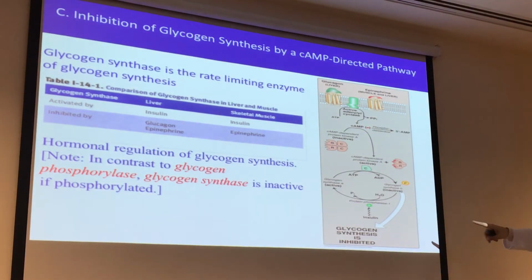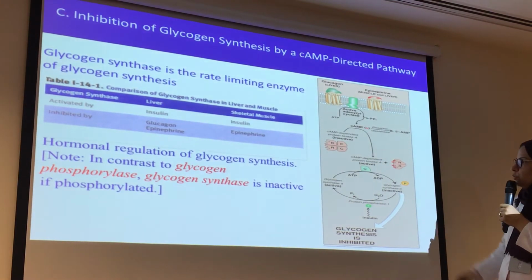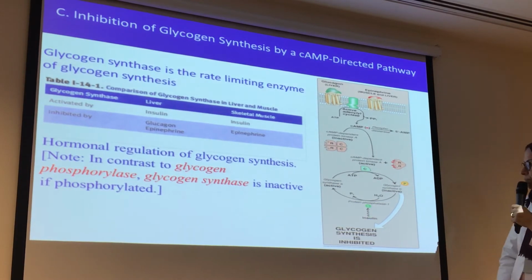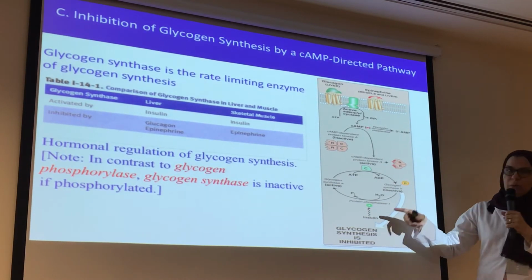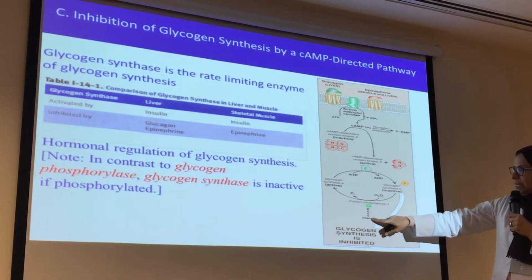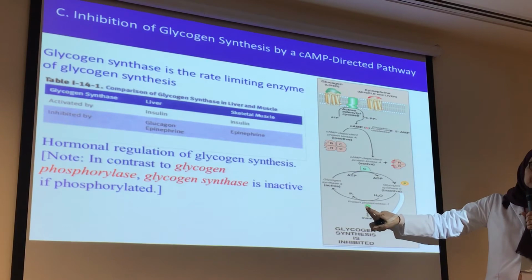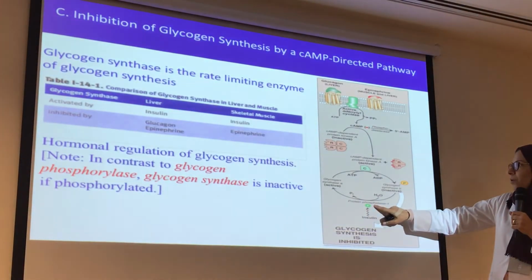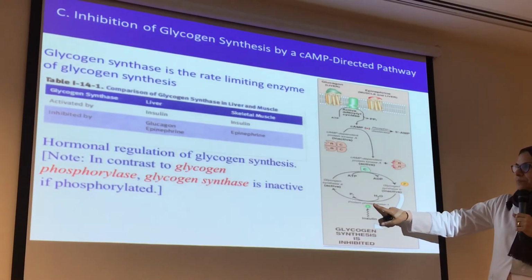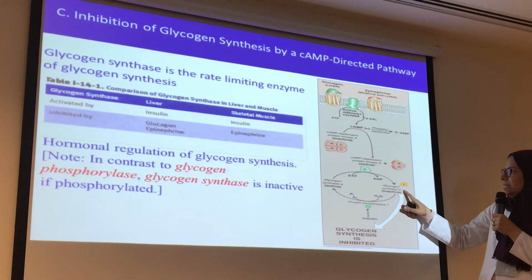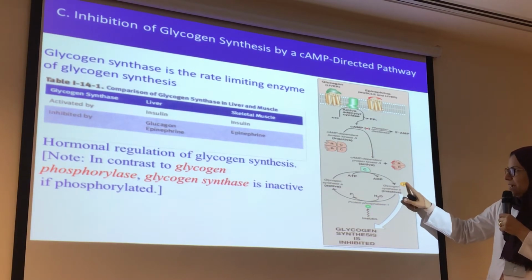So let us look at here. When do we make glycogen? When we have excess food, insulin is secreted, and it will dephosphorylate the synthase.